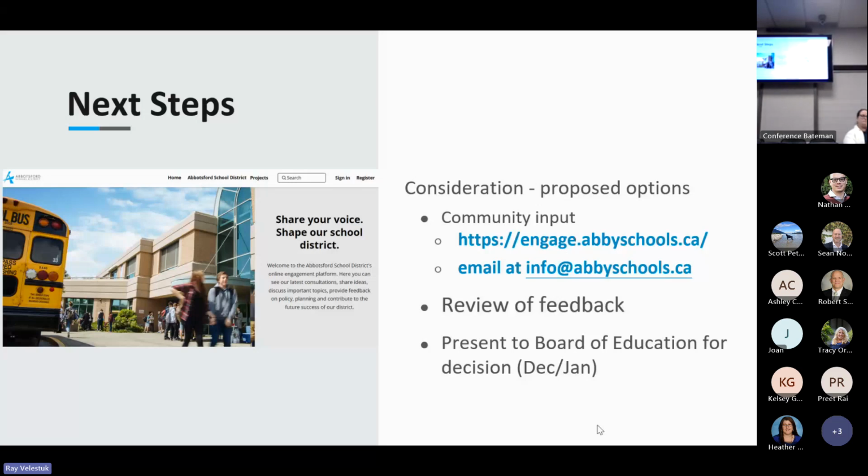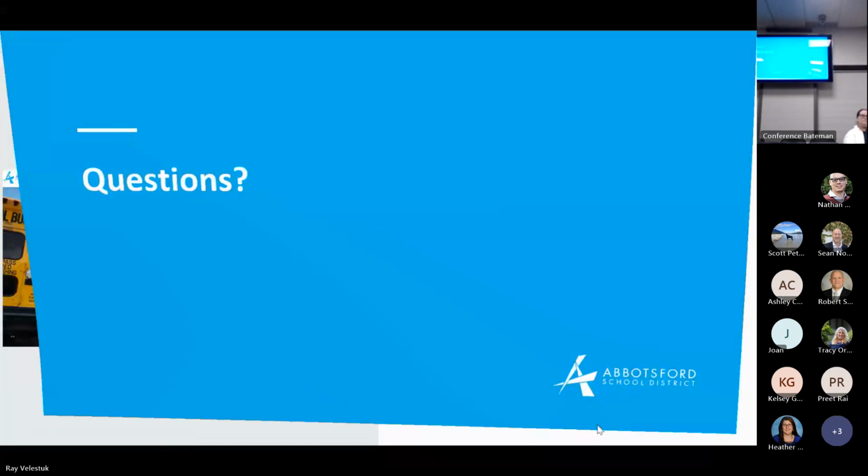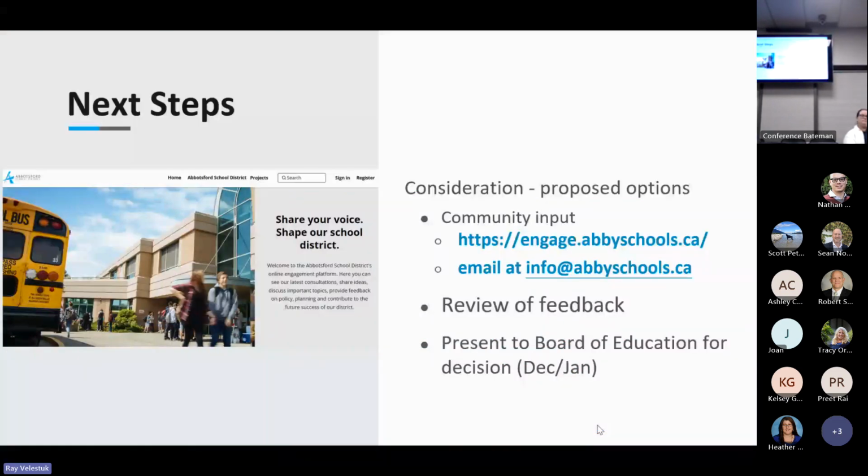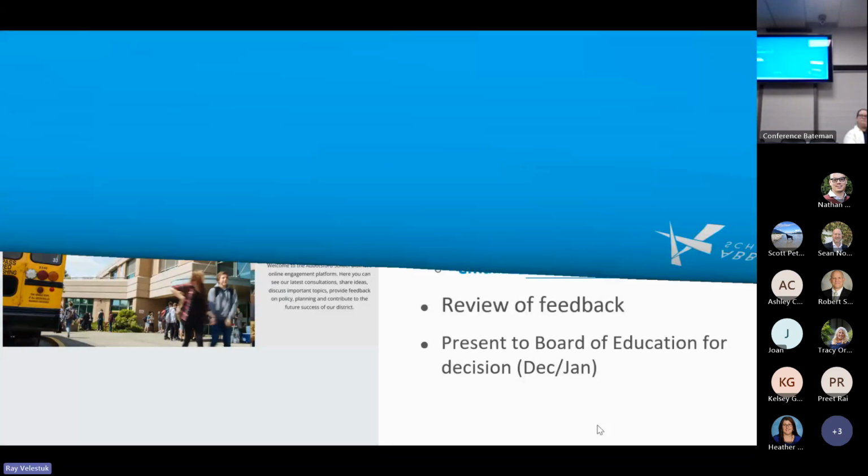So it'll be dependent upon the information that we get. And then the board will make a decision at some point, either December or January, or in their schedule that they feel appropriate, to make the boundary change. So any other questions?